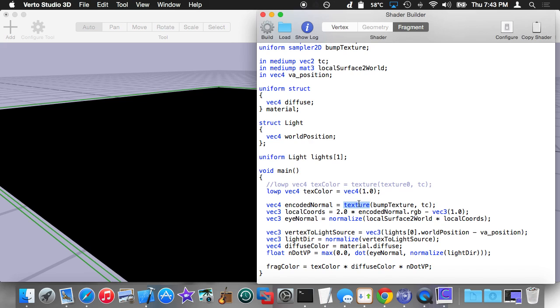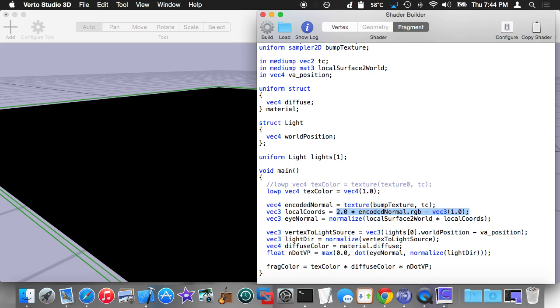We access the bump texture here, which is a special texture map that contains the surface local normal encoded in an image. And that next line, local coords, is set equal to the special code, which is the way to get a normalized vector that has been encoded in an image.